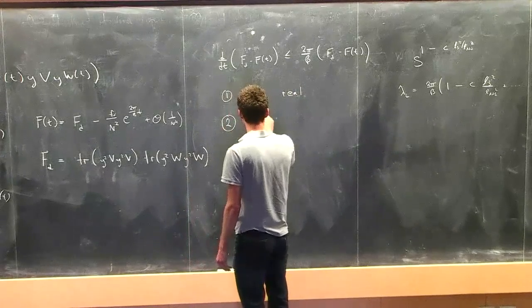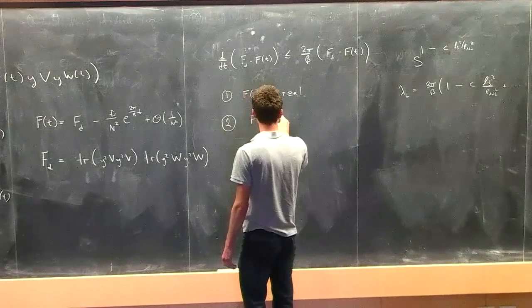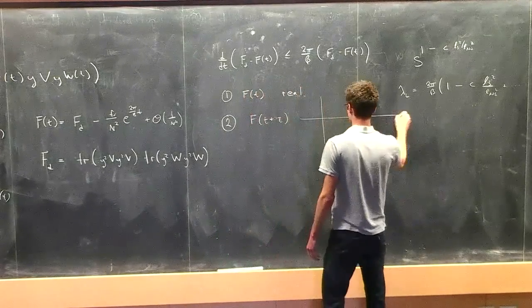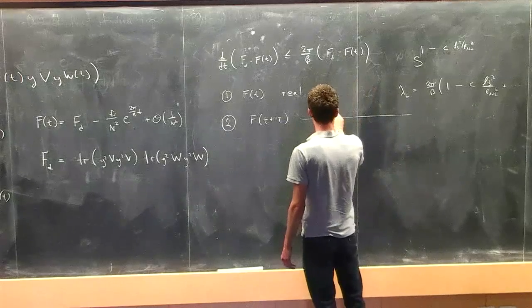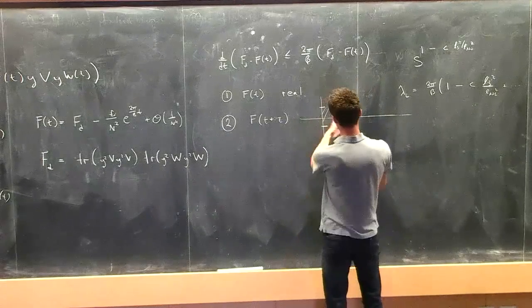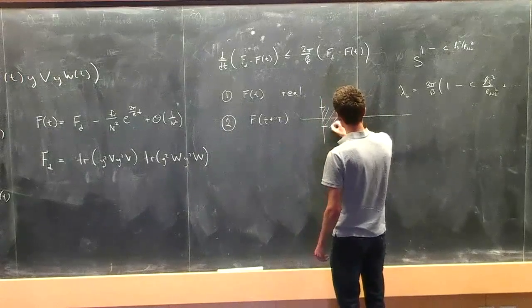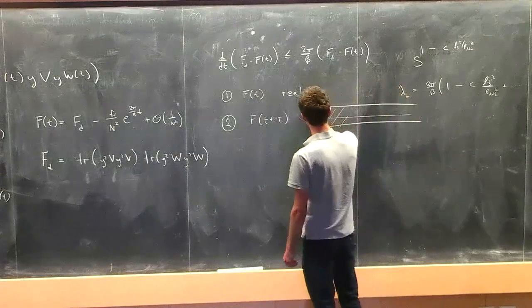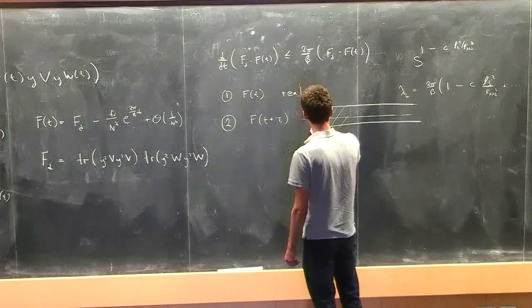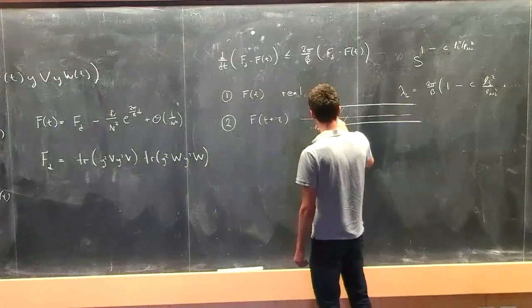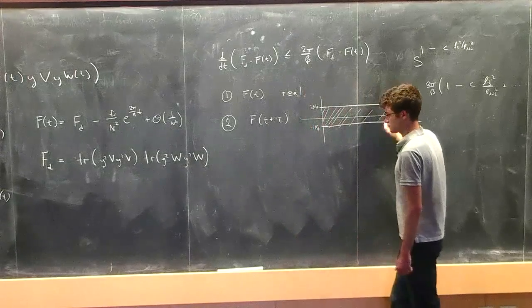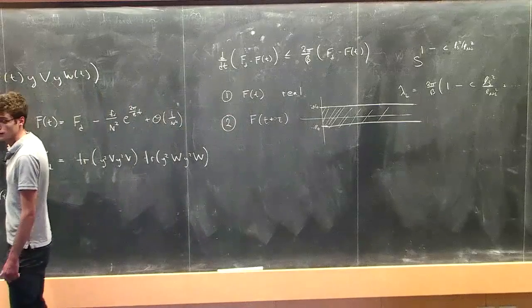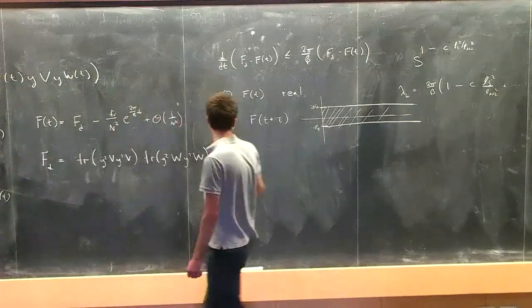A second property is that F of t plus i tau is analytic in a strip in the complex plane of width, I'll only care about positive time, of width beta over 2. So here's a strip, here's i beta over 4, minus i beta over 4. This formula here defines an analytic function in this strip.